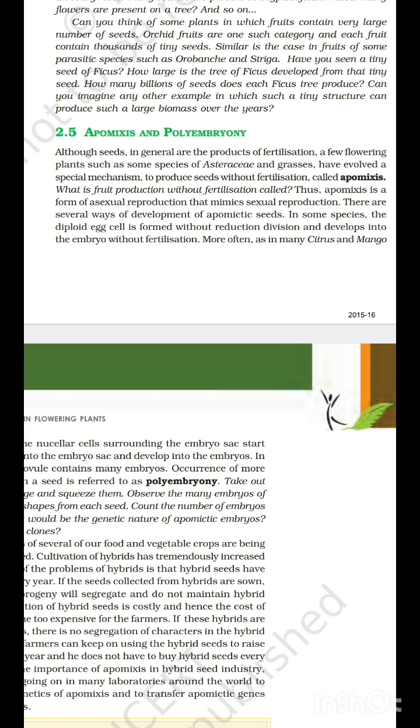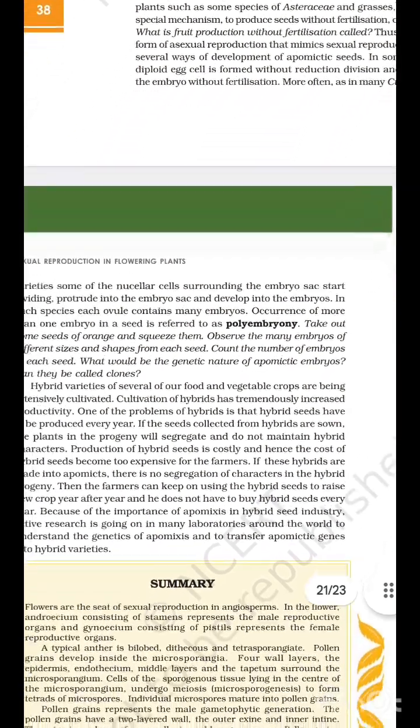Apomixis is a form of asexual reproduction that mimics sexual reproduction. There are several ways of development of apomictic seed. In some species, the diploid egg is formed without reduction division and develops into an embryo without fertilization.